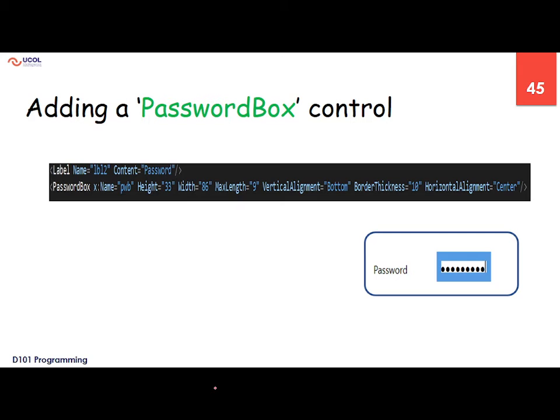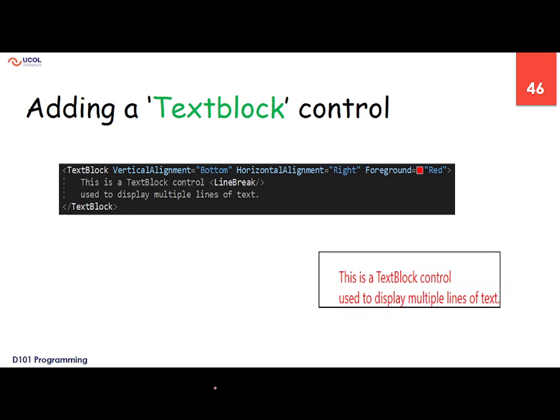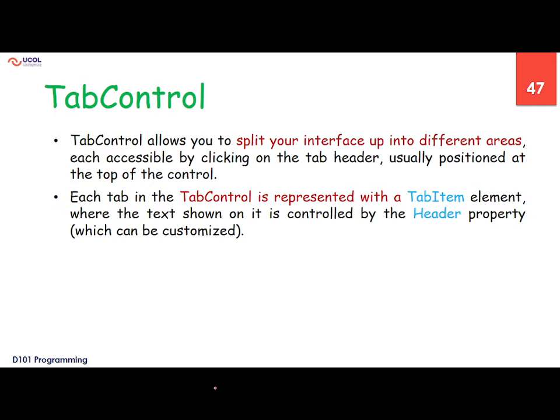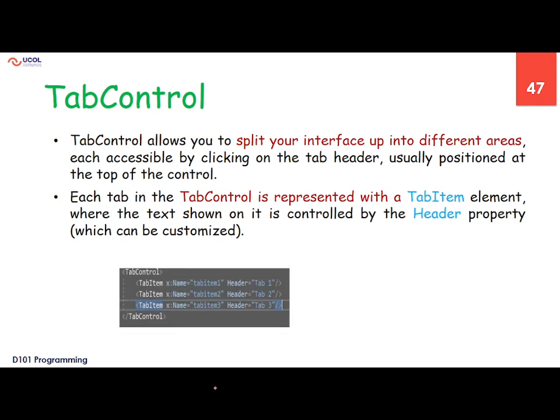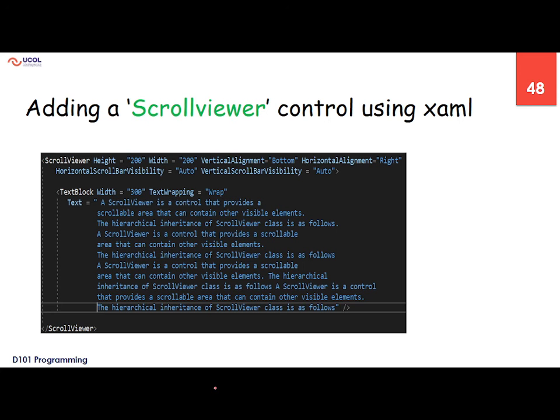It is obscured. Text block, that is more like if you want to enter multiple lines of the code. Tab control, you can have tabs inside your GUI. You have multiple tabs, so tab 1, tab 2, tab 3. So these are different pages which exist in the one window, and then you can design them differently.